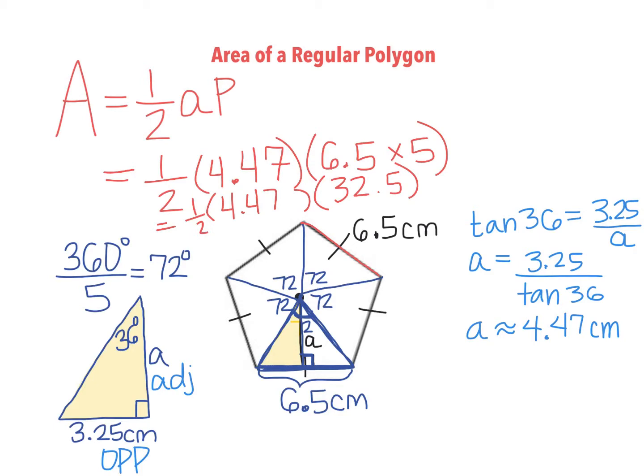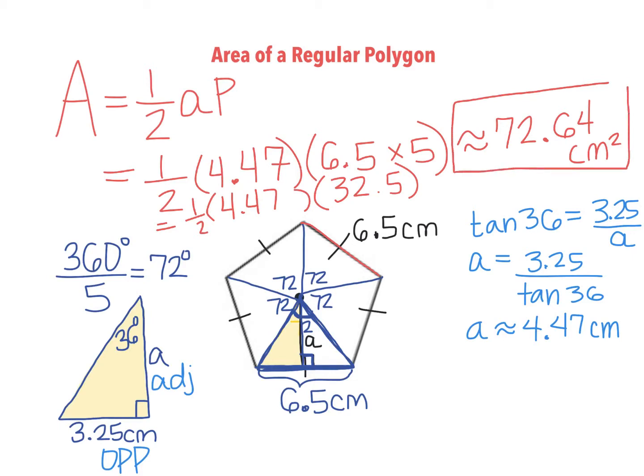That is going to give me an area of about 72.64 square centimeters. This is a rounded answer because the apothem that we got when we used tangent was rounded as well. So that is what we get as our final answer.